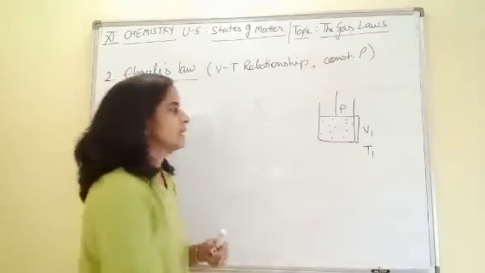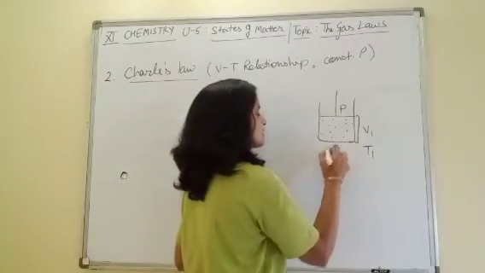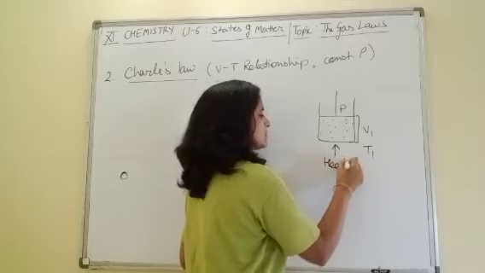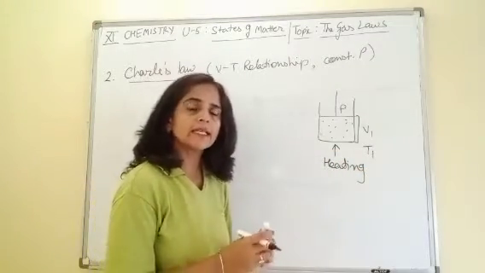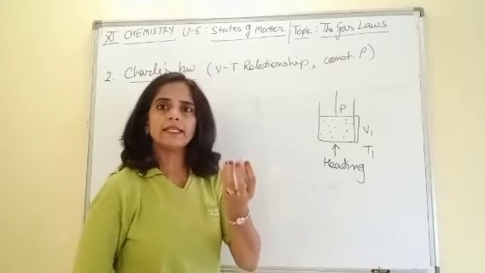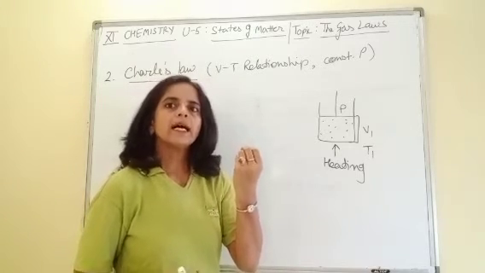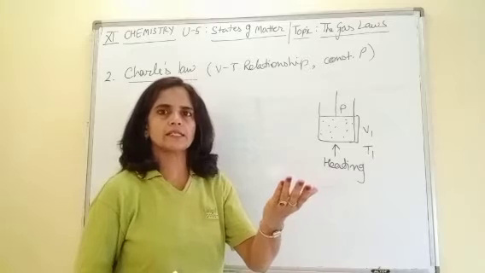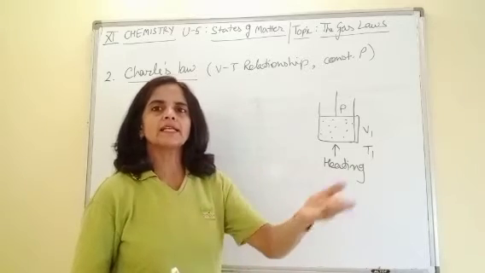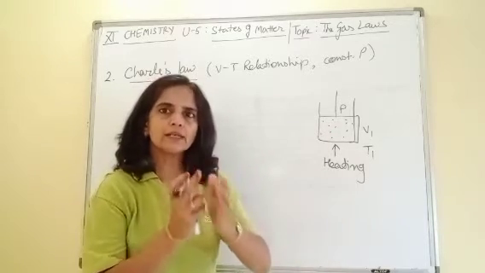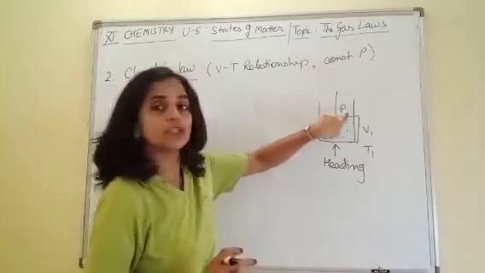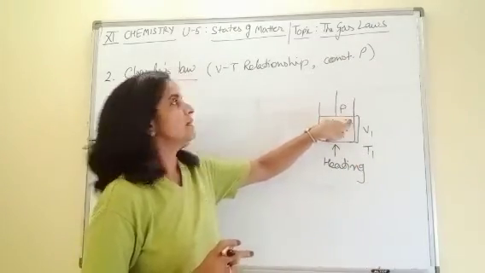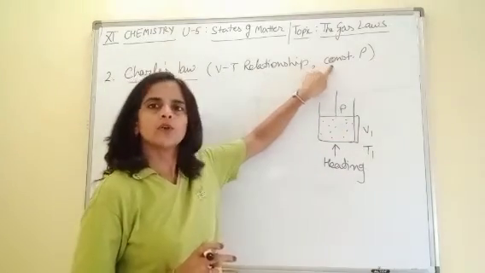Now if I start heating the gas, on heating the gas, the particles' kinetic energy starts increasing, and if kinetic energy increases, the movement of particles starts increasing. So they start moving away from each other. So due to this, what happens? I cannot change the pressure because the condition is keeping pressure constant.